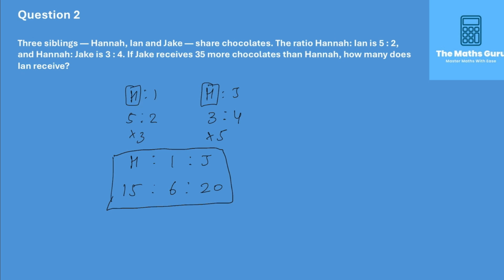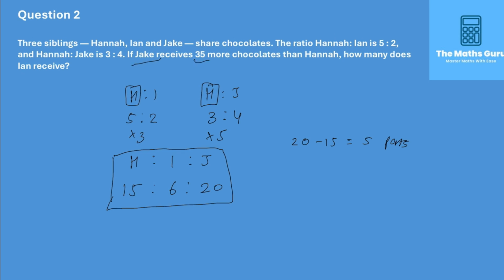Now it tells us that Jake receives 35 more chocolates than Hannah. So, as you can see, Jake has 20 parts, Hannah has 15 parts, which means that 20 minus 15 is 5 parts. So the difference between the number of parts that Hannah has and Jake has is 5 parts, right?